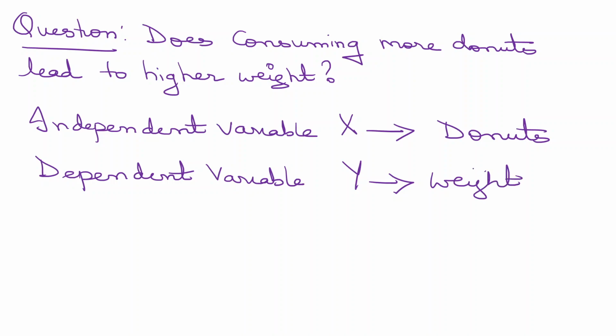Okay. So now we need to collect data to analyze this relationship. Obviously we cannot do it for the entire US population because that's not practically possible. It's not feasible. It would be costly. It would be time consuming.